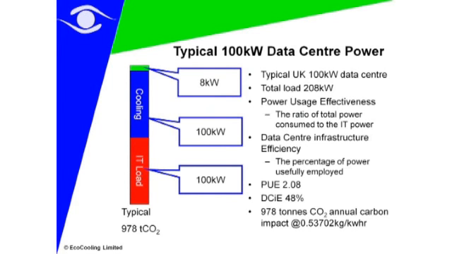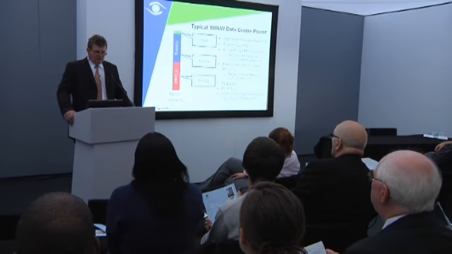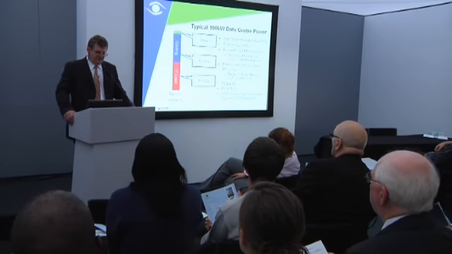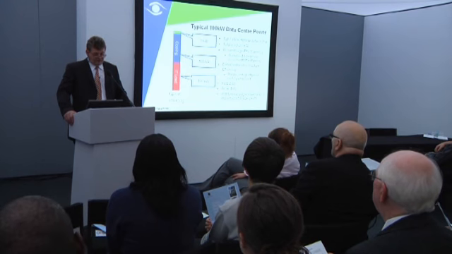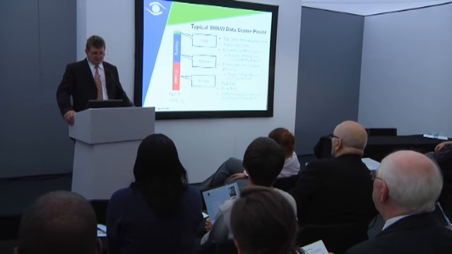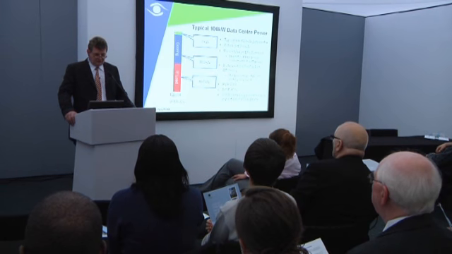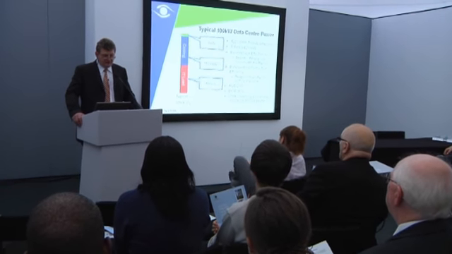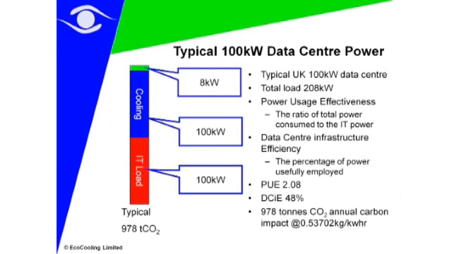Now, what do we mean by PUE? Very, very important concept. We look at the efficiency of a data centre and its energy use, or a server room, by looking at the ratio between the total energy used against what's really useful work done in the IT equipment.